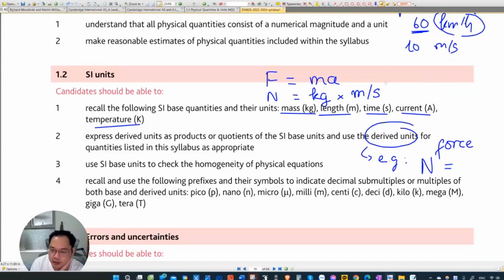And because it's long, we use only one single name, a derived unit, to represent it. Okay, Newton. Later, when we do some examples, you will see that sometimes if we want to represent another unit in the form of base units, we get a very long representation.